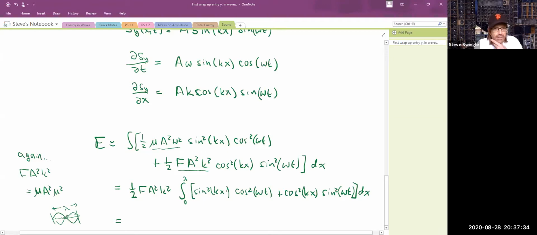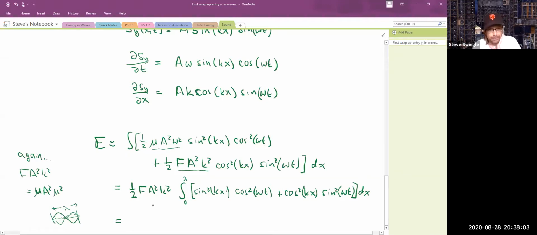Some of you probably know this because you read the book, and I haven't covered it. I went out of order here a little bit. But there's got to be a limit, so I'll say one wavelength. That's the picture: two antinodes, from one node to two nodes over.